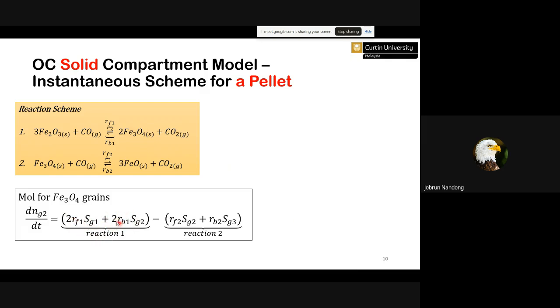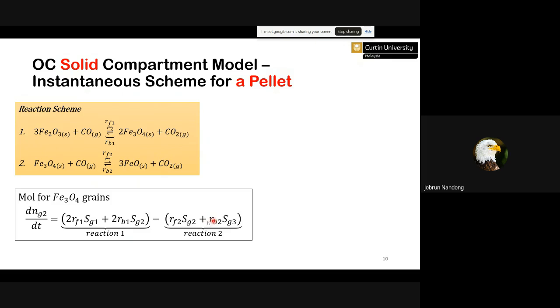Again, for the RB here, it's supposed to be negative if we have a backward reaction. So this will be minus here. So basically minus, this one will be consumed back to produce Fe2O3. And then the second reaction here is minus from this one, RF2. Then you could also go back there, okay? So that can produce Fe3O4.